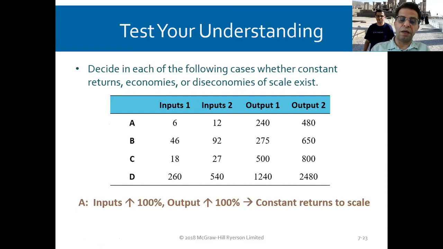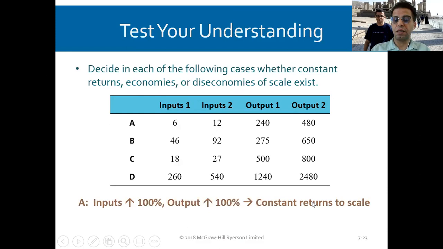So how do we do that? In case A, we have an increase of 100% of output. Here, the output went from 240 to 480. And also our input increased by 100%.